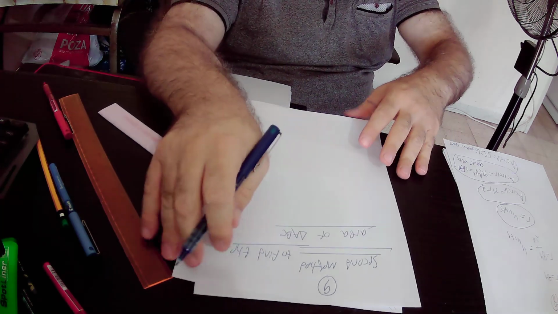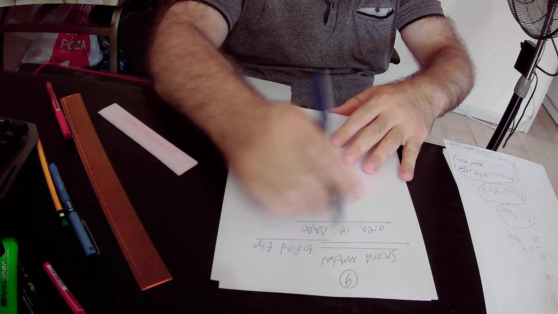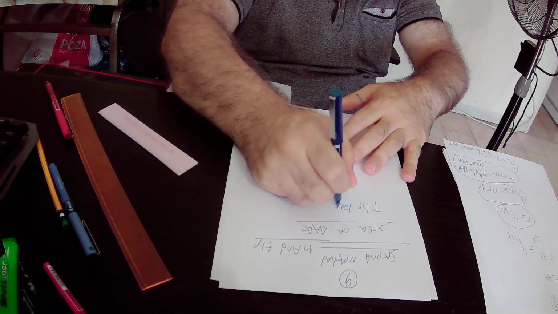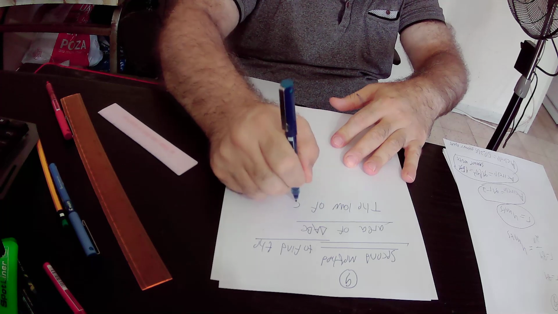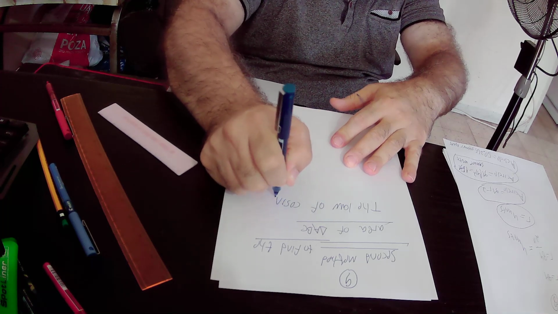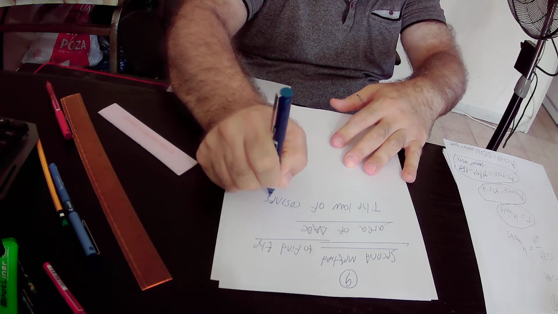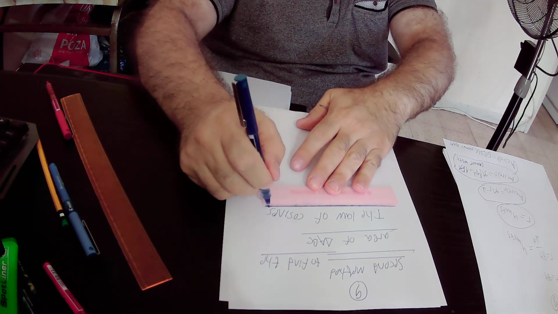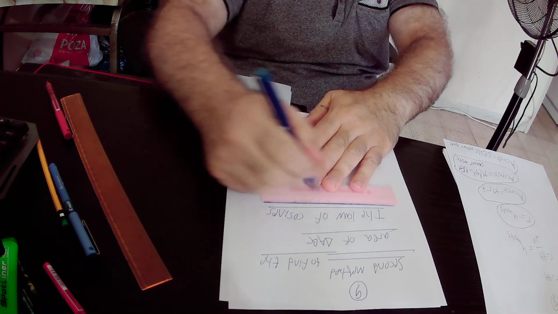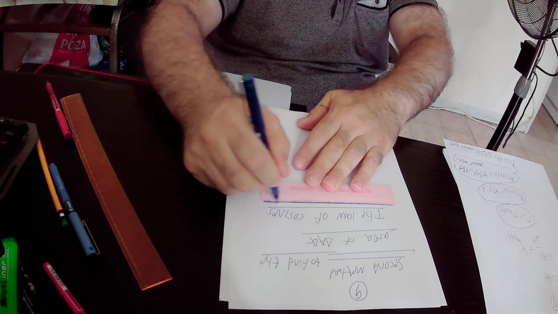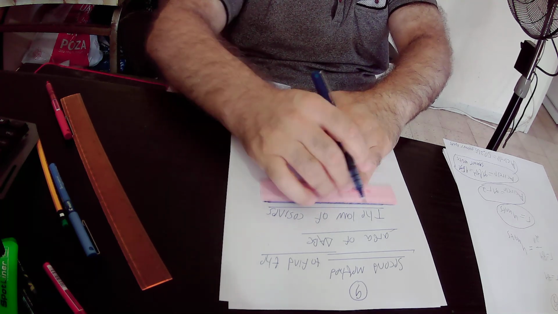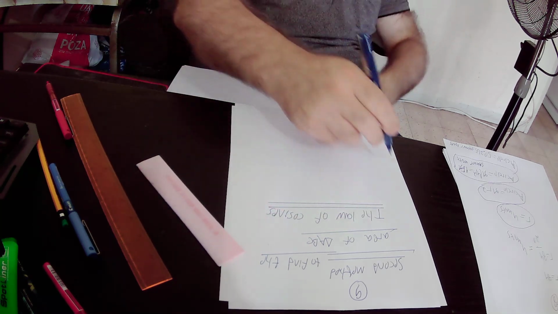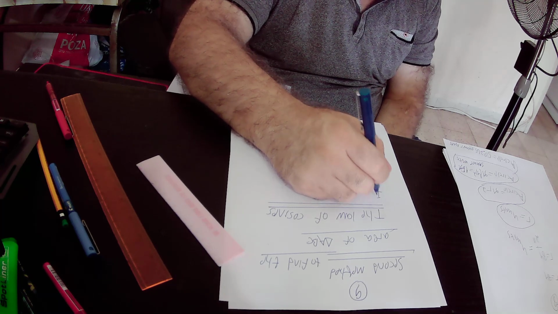So what is the law of cosines? First of all, I must emphasize that the law of cosines is valid in any triangle. You can use it in any triangle.